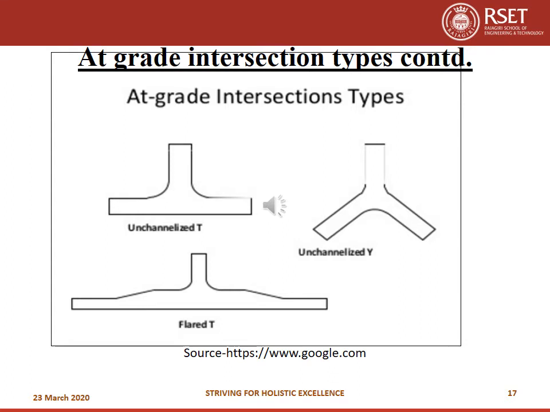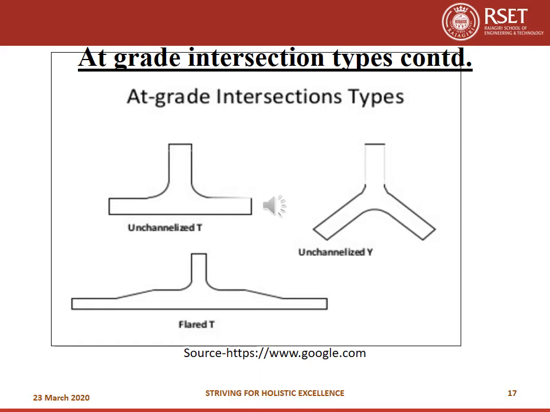So here you can see T, Y and flared T type of intersection. When one road comes and joins another major road, it will have the shape of a T, and you cannot see any channel in that, so it is known as unchannelized T. Similarly, another type of road is having the shape of Y, so it is known as unchannelized Y intersection.